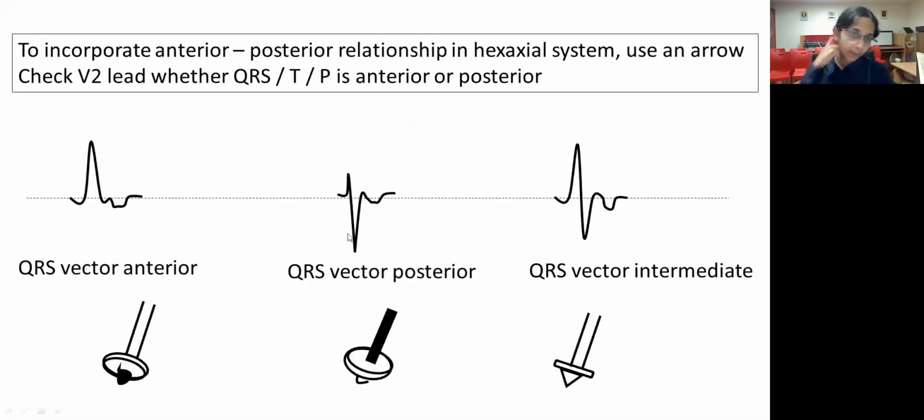So to incorporate this anteroposterior relationship of the horizontal system, in general, they have advocated using an arrow like this. So in V2, if it is positive, I'm supposed to put the QRS vector like this. If it's negative, I'm supposed to put it posteriorly like this. And if it's intermediate, that means I have an equiphasic V2, I'm supposed to put it like this. But in practice, we do not do it.